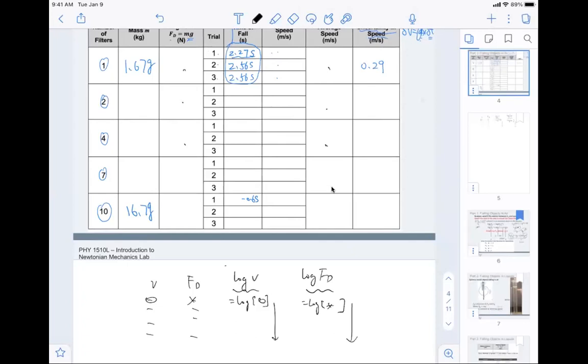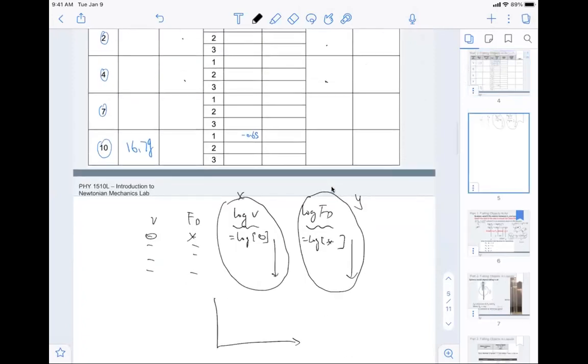So what you want to plot is this as your X and this as your Y. And then you will form a scatter plot and it will give you a function. Okay, so just don't forget this step. If you forget this step, then our data will not be correct.